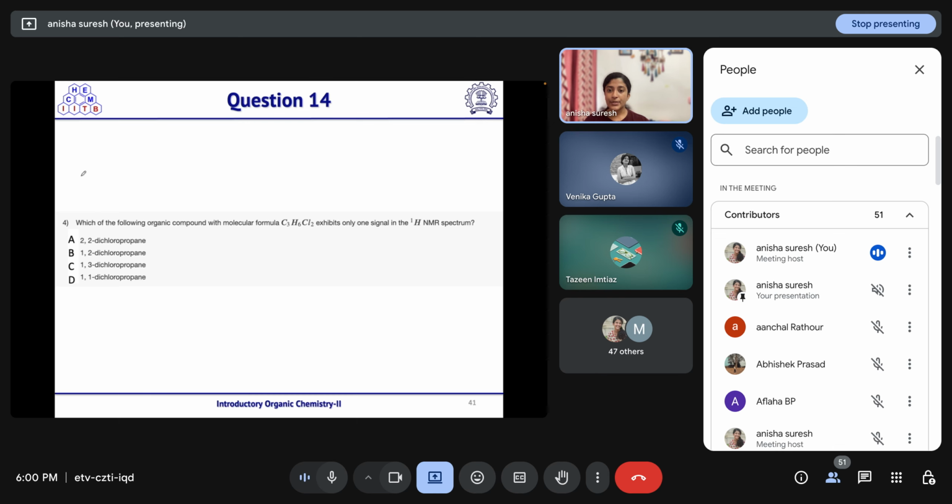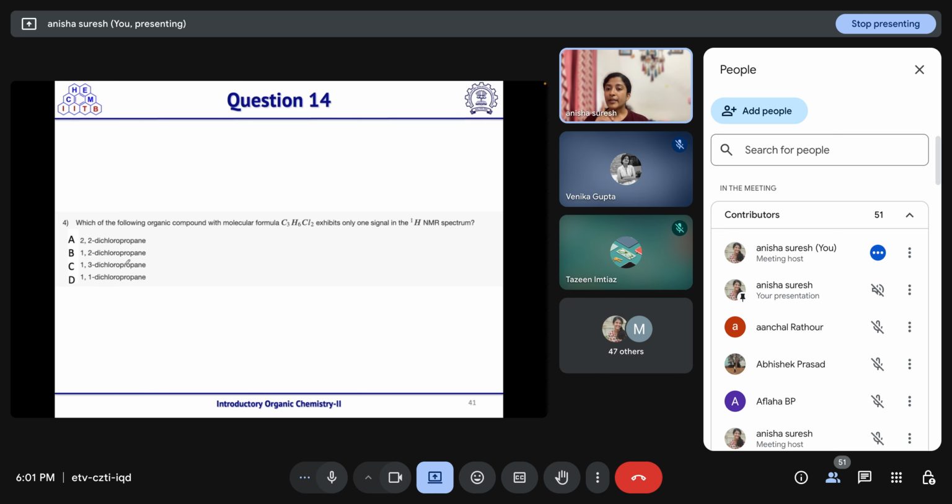Now coming to the next question, that is, which of the following organic compound with the molecular formula C3H6Cl2 exhibits only one signal in the proton NMR spectrum? So four molecules are given: 2,2-dichloropropane, 1,2-dichloropropane, 1,3-dichloropropane, and 1,1-dichloropropane.